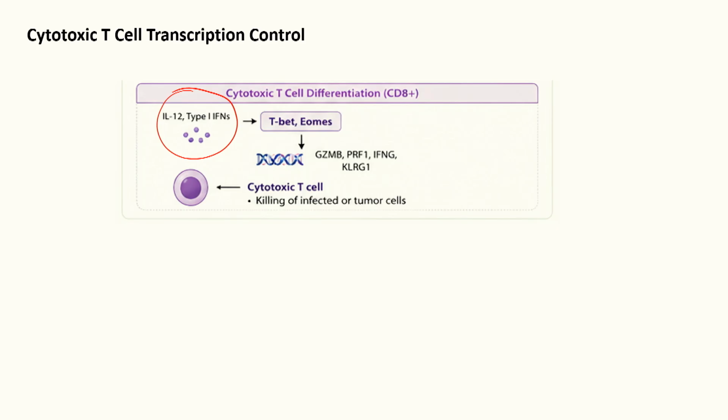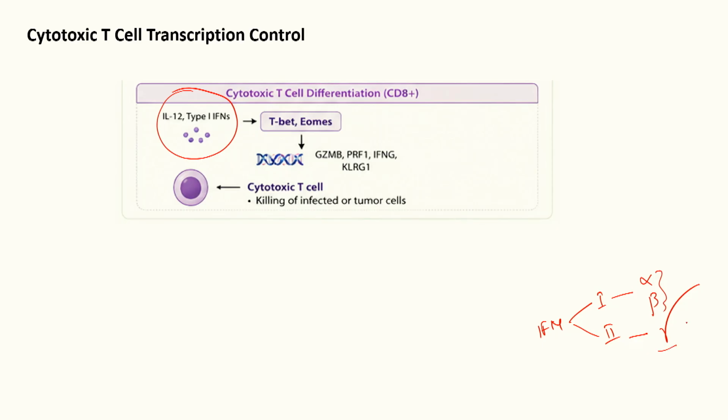Generally when we discuss interferons, there are multiple types, but they are broadly divided into type 1 and type 2. Type 1 is alpha and beta, and type 2 is gamma.